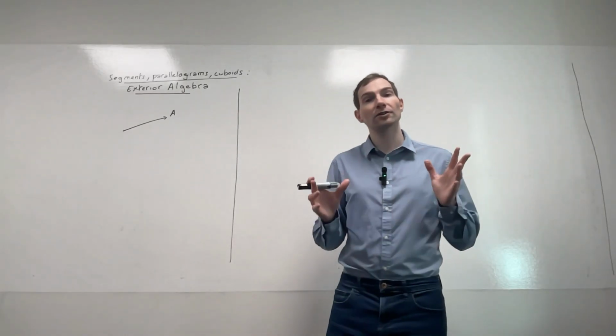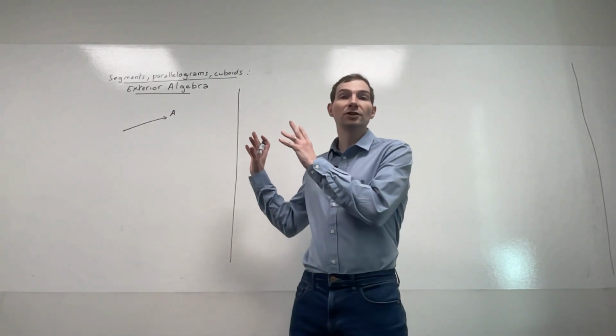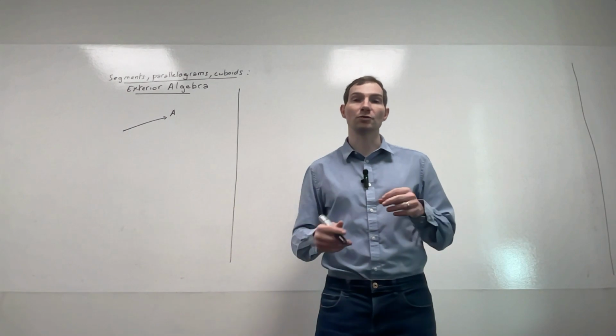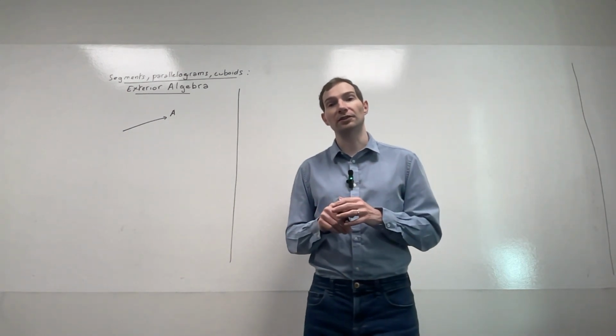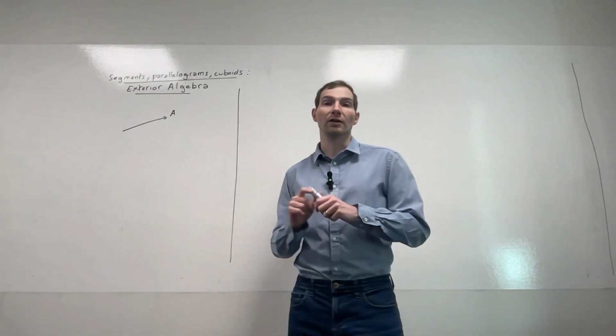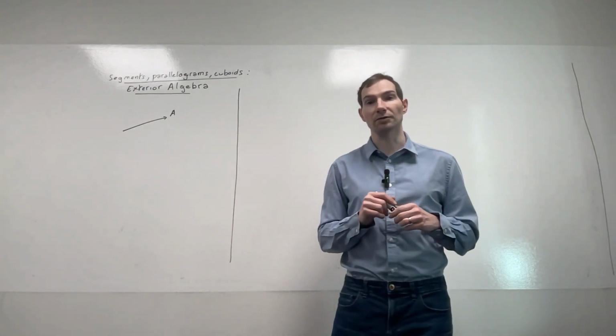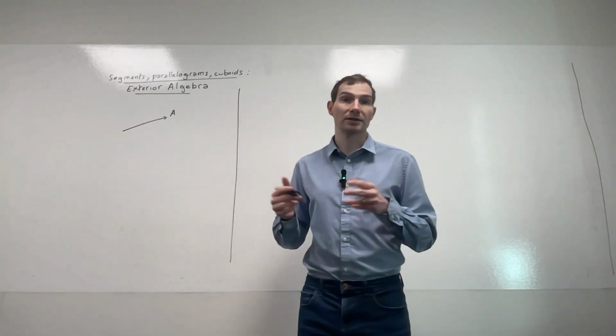Okay, so again, today what we are going to do is simply introduce the notion of exterior algebra, and then in further videos we are going to develop a little bit more aspects of it and how it is used in other fields of mathematics and physics.